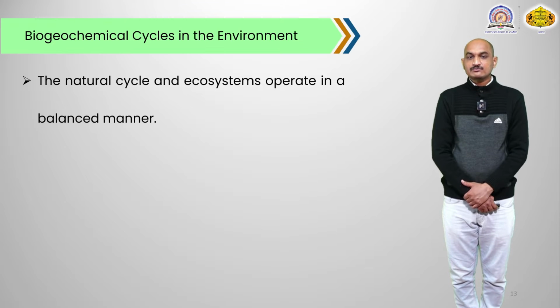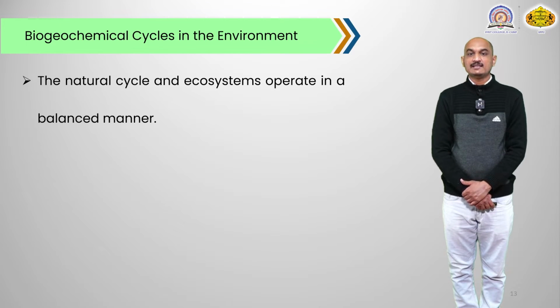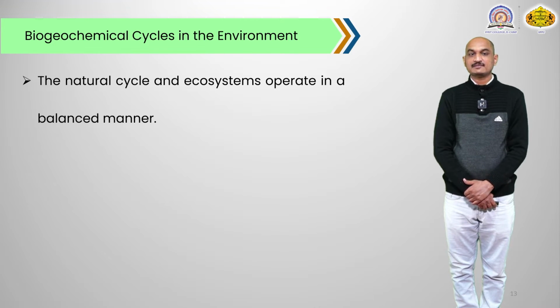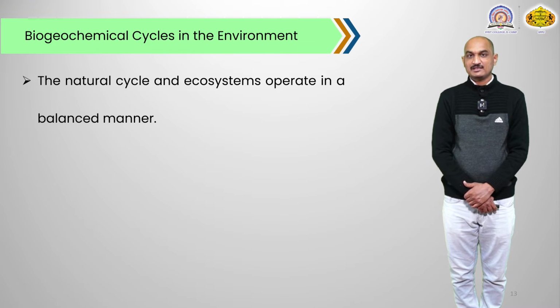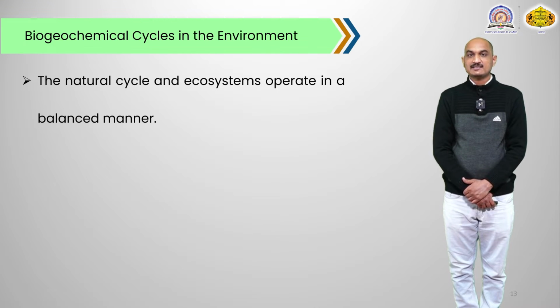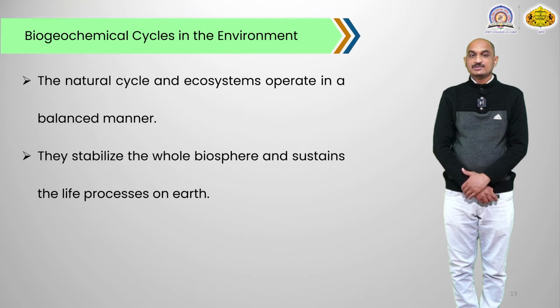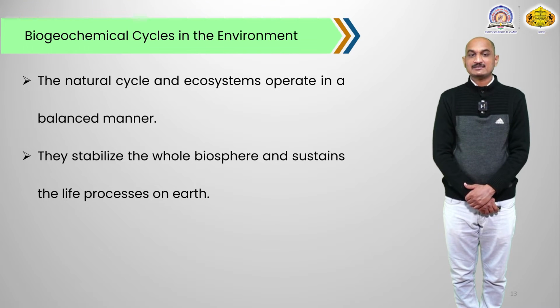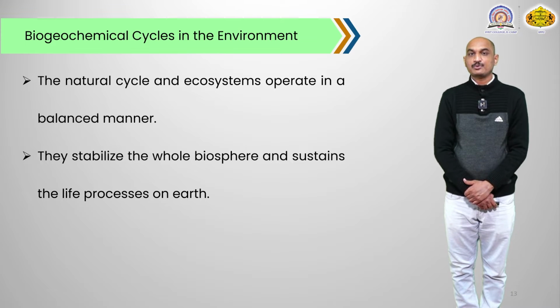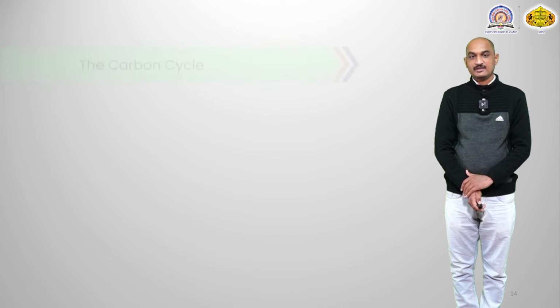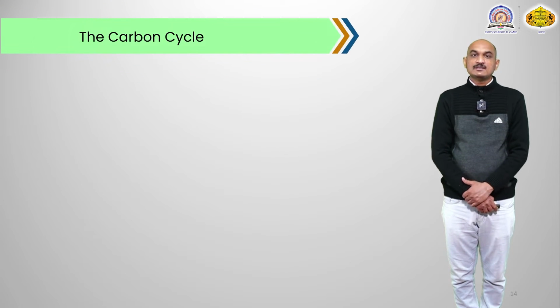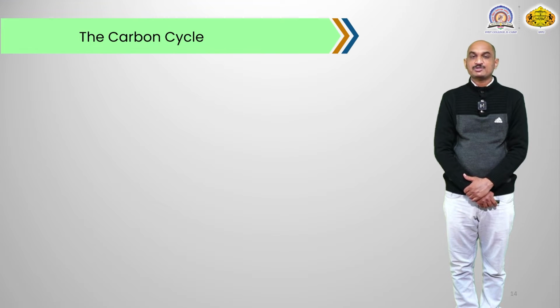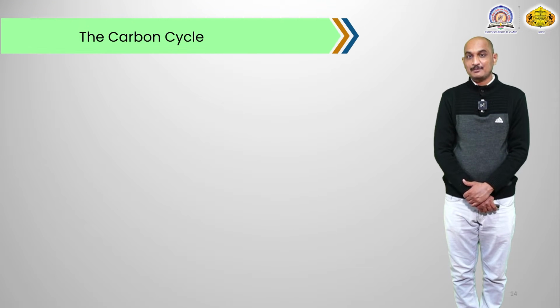Now, the natural cycles and the ecosystems operate in a balanced manner. We know that these natural cycles are very important, so they stabilize the whole biosphere and sustain the life processes on earth. In this important group of biogeochemical cycles, the first cycle is the carbon cycle.